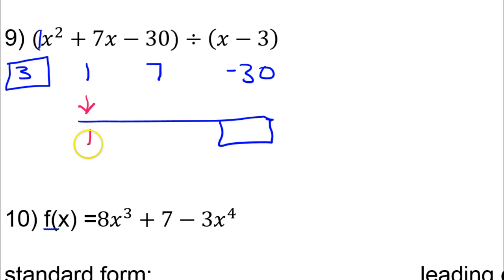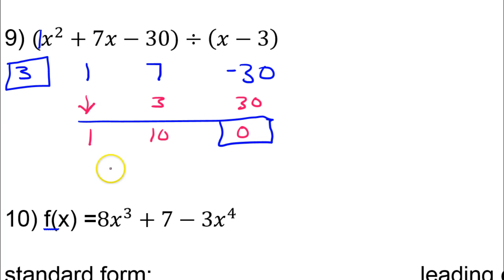So I bring down the 1. 1 times 3 is 3. That's 10. 10 times 3 is 30. So here's another one with no remainder. That makes it very simple.